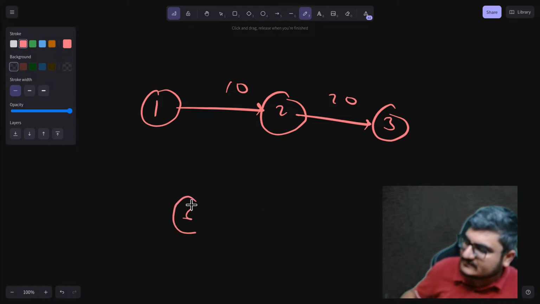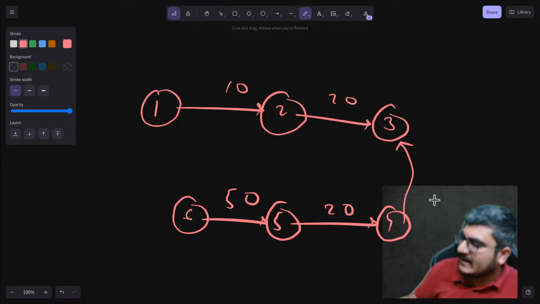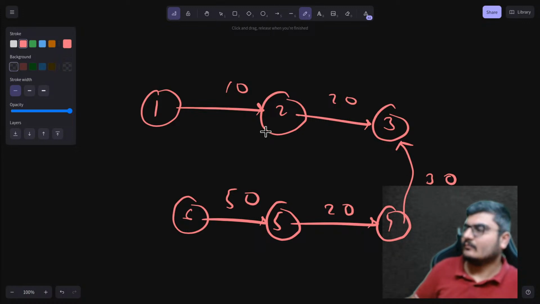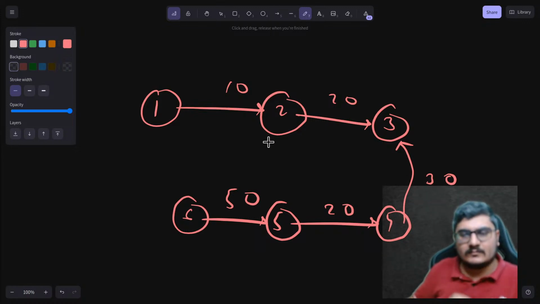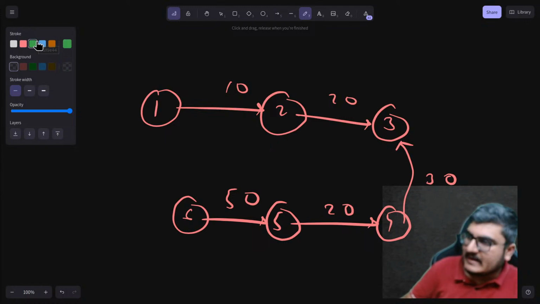We also have vertex 6 to 5, which will take 50, 5 to 4 which will take 20, and 4 to 10 which takes 30. Looks fine, right? And let's say this place has a horse.